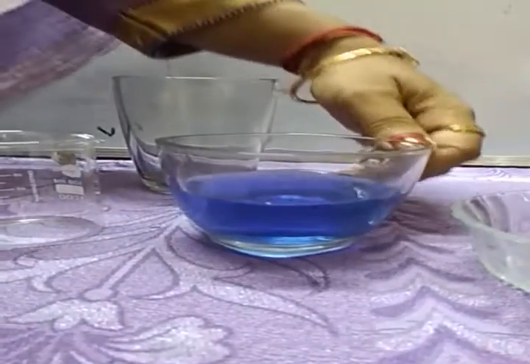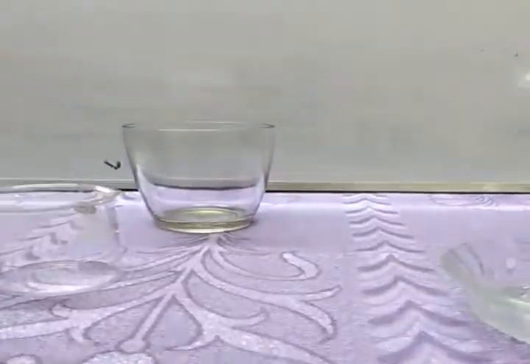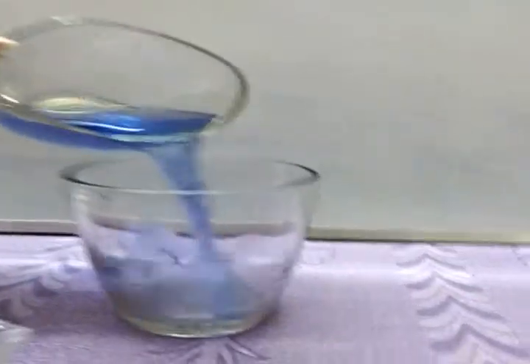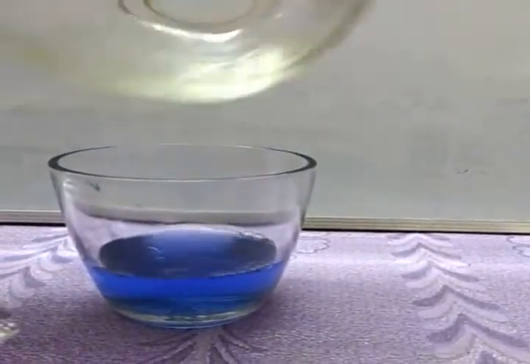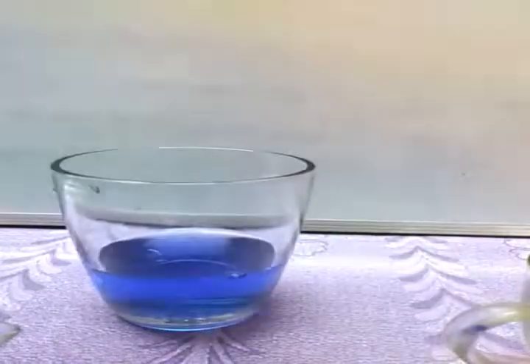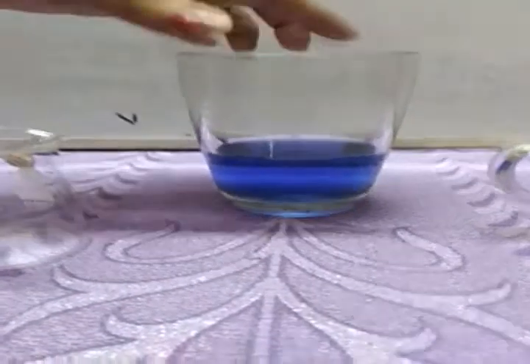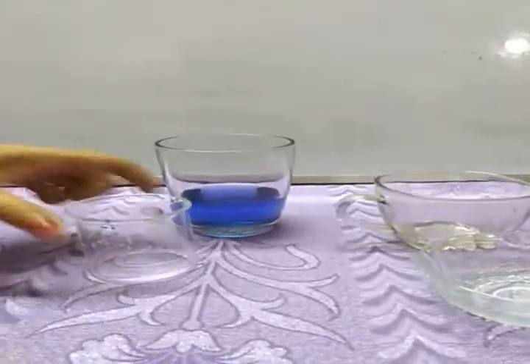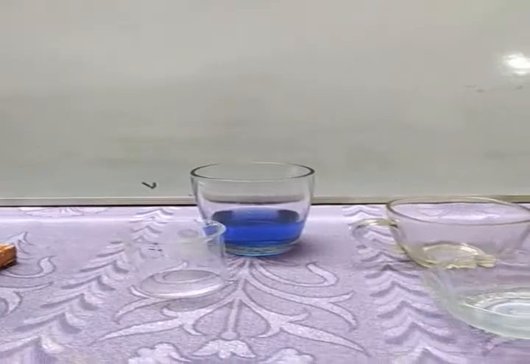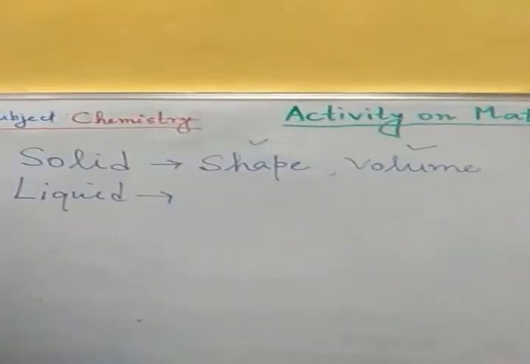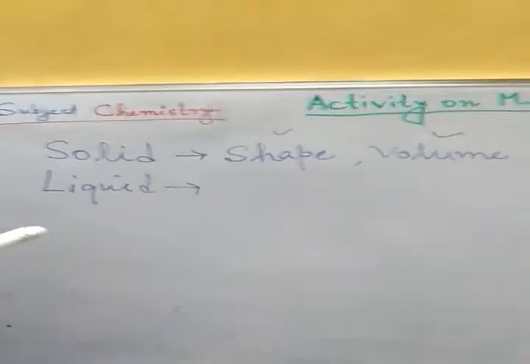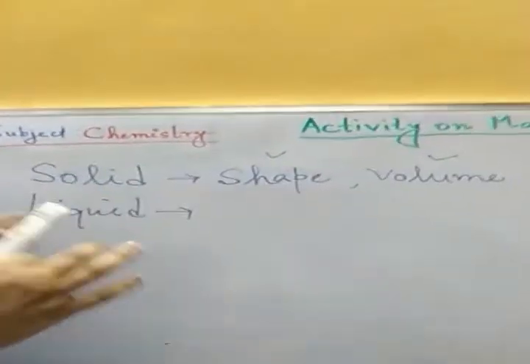Now this again I am transferring to some other container which is having again some different shape. Okay, so now the water has taken up the shape of this glass. So from this we can understand that the shape of the liquid is not fixed. So from this we can conclude that liquid is not having a fixed shape.